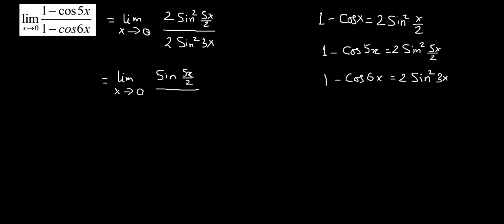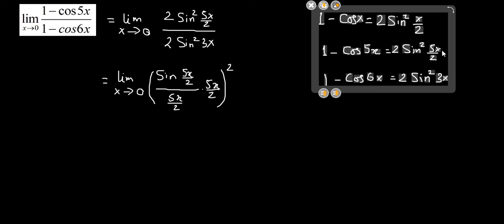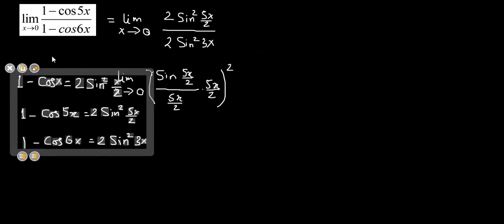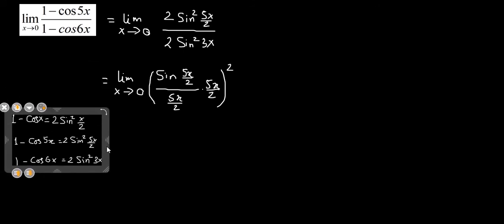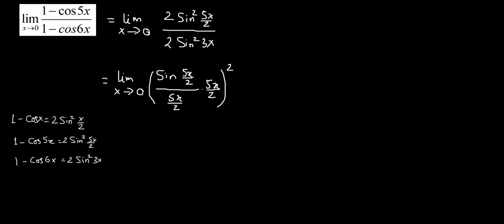So we're going to divide it by 5x over 2 and multiply it by 5x over 2 whole squared, times sine 3x, so we are going to multiply 3x in the numerator and divide by 3x, so this is whole squared.